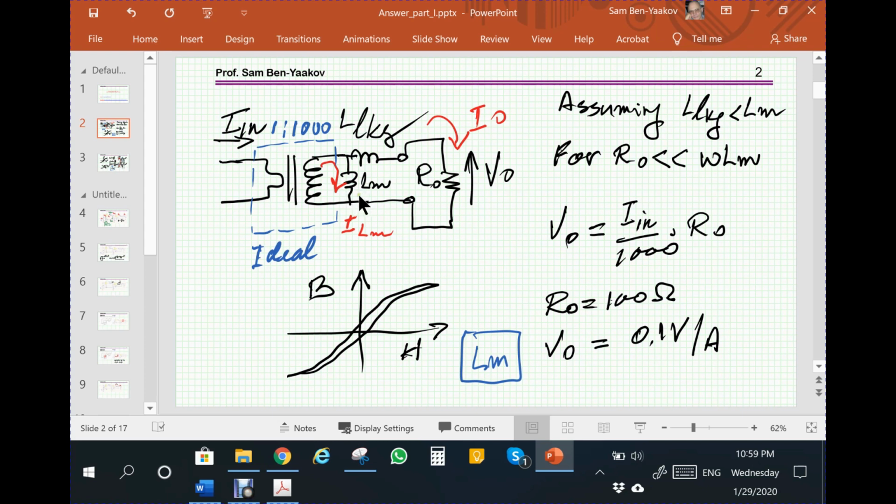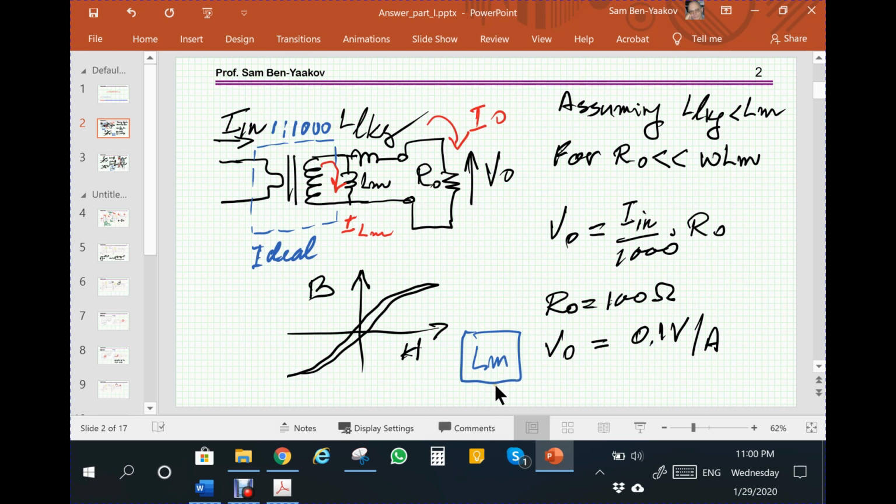For example, if I like to use it at, say, 400 Hertz, which is the aviation line, then obviously I like to know what is Lm, and then I can calculate omega Lm and see if my resistor is indeed holding this relationship. So this explains the curves and also the missing parameter.